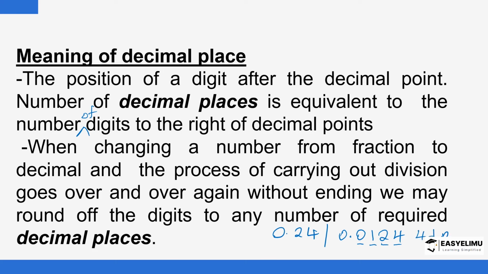We'll write 4dp in short. There is the first position, second position, third position, and fourth position. So it's the first decimal place, second decimal place, third decimal place, and fourth decimal place. So you keep counting as you move from the decimal point.